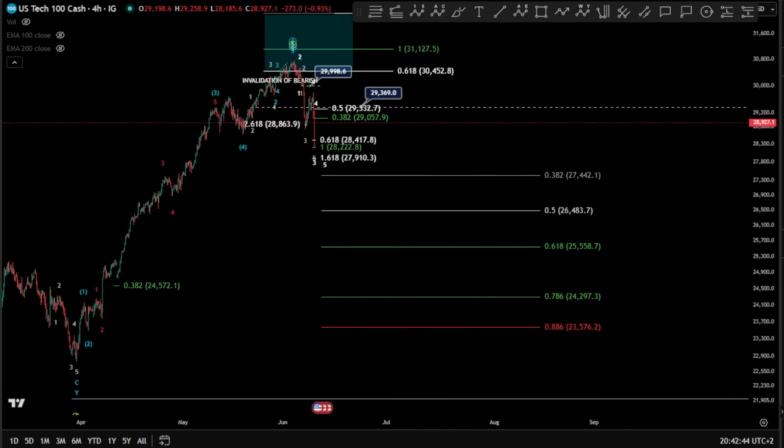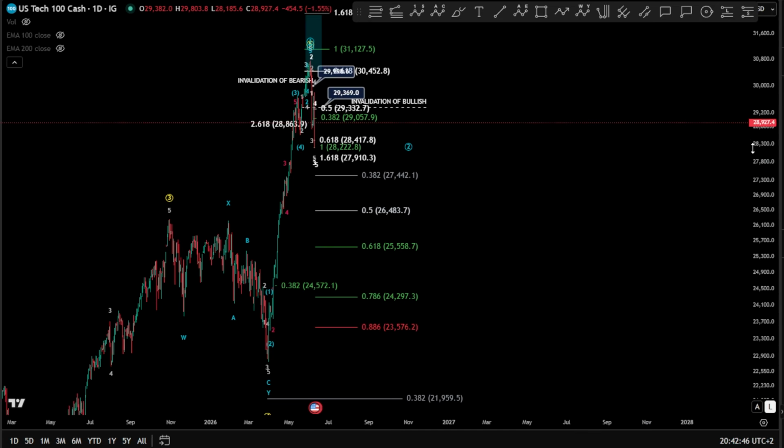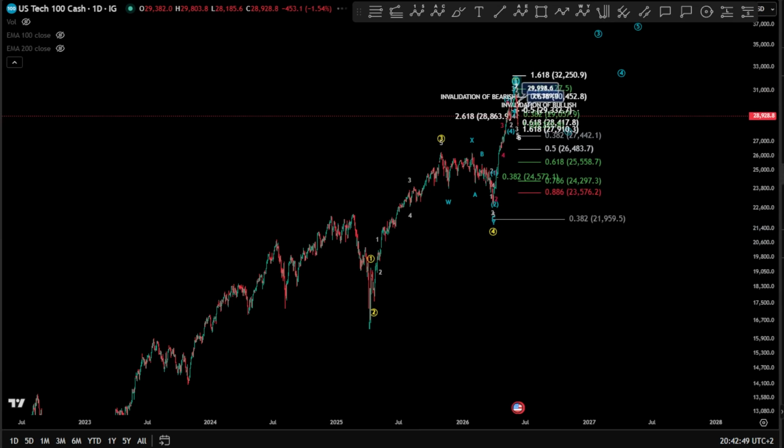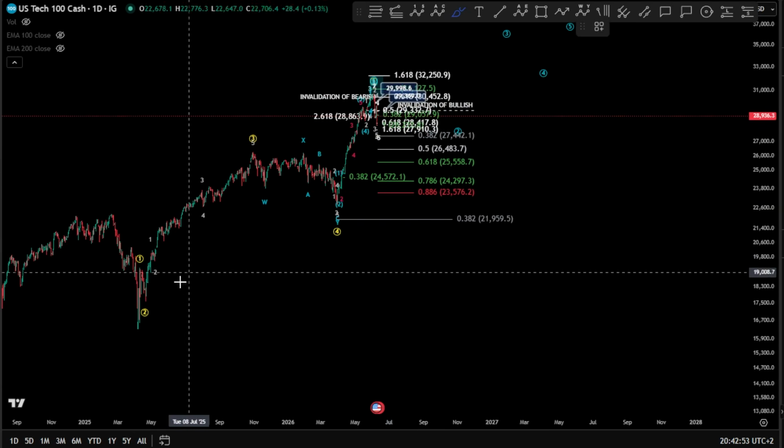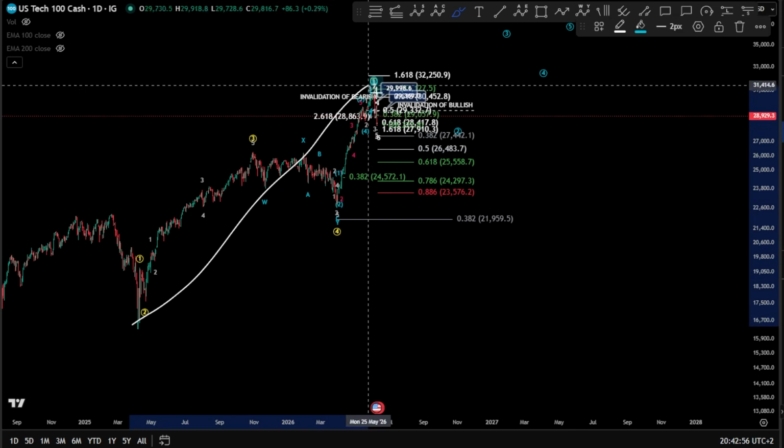Plus, don't forget on the monthly, this is only a testing area, guys. So we are testing the thing, and that means what we have to look after here is a large one too, guys.